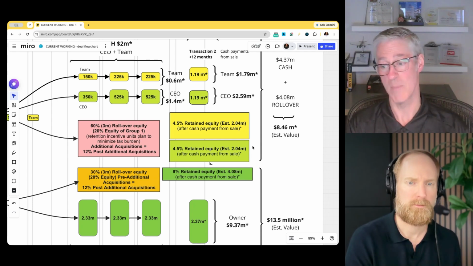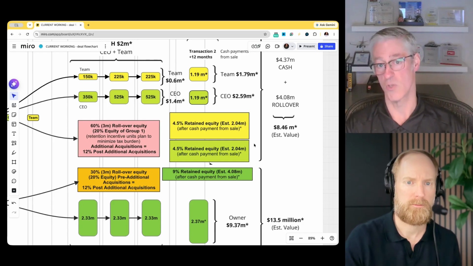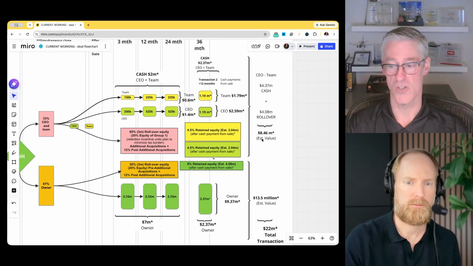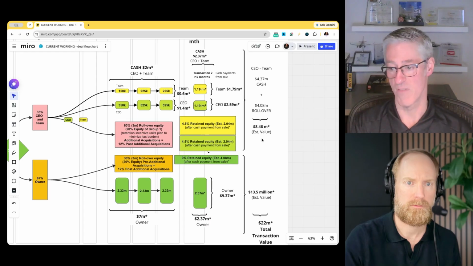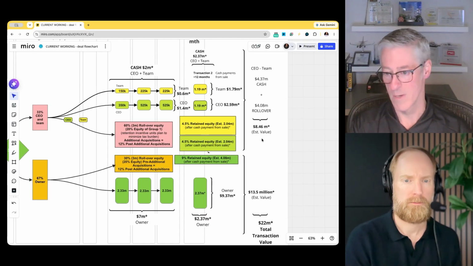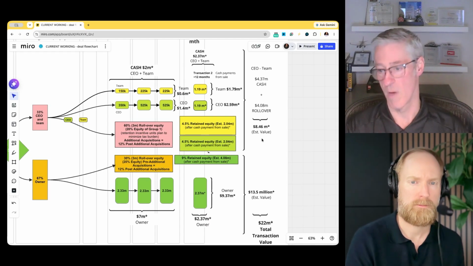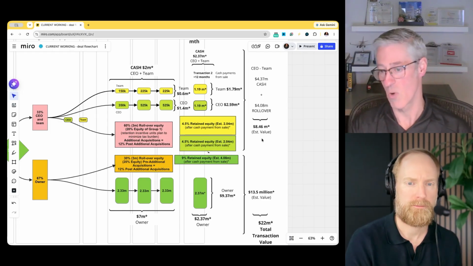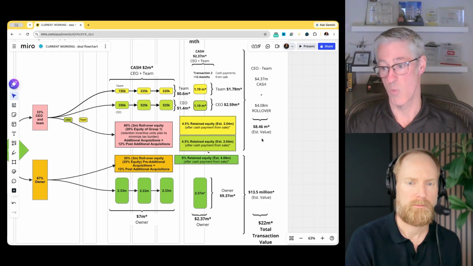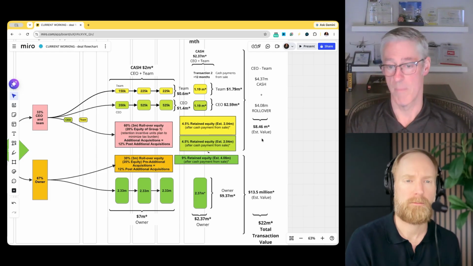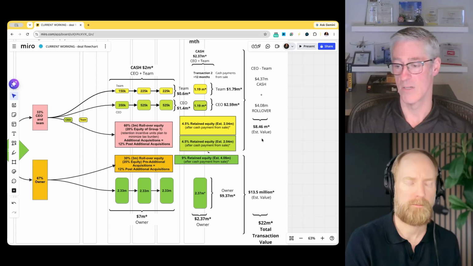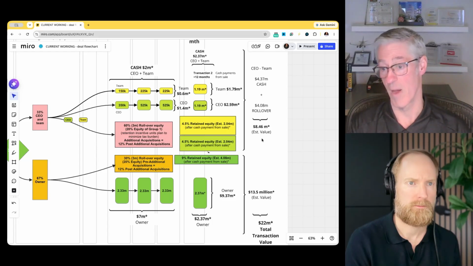And even those cash payments from the sale were deferred to 12 months post close. So their initial 25% of their equity stake, so 3 points in the fully diluted model for each of the management team as well as the rolling shareholder, was paid out 12 months post close, and the balance of that was held in roll to the buyer.